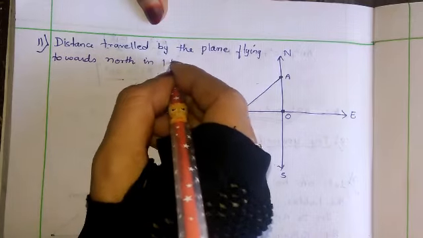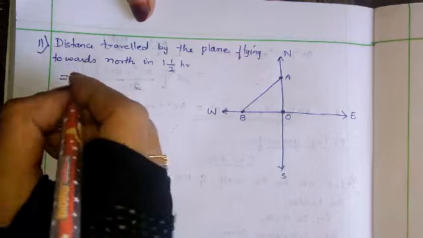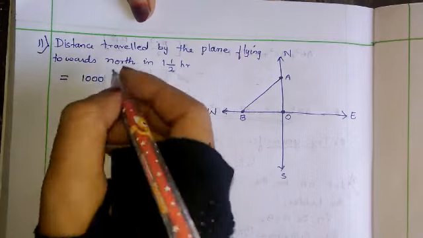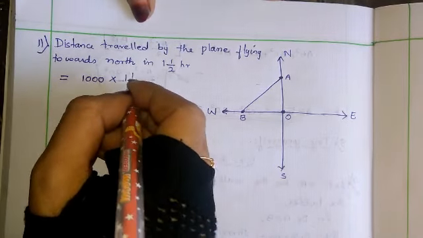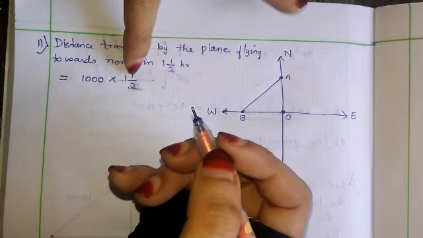How much distance will it be? North they have told 1000 km per hour into 1.5 hours. They have told after 1.5 hours we have to find now how far they are.